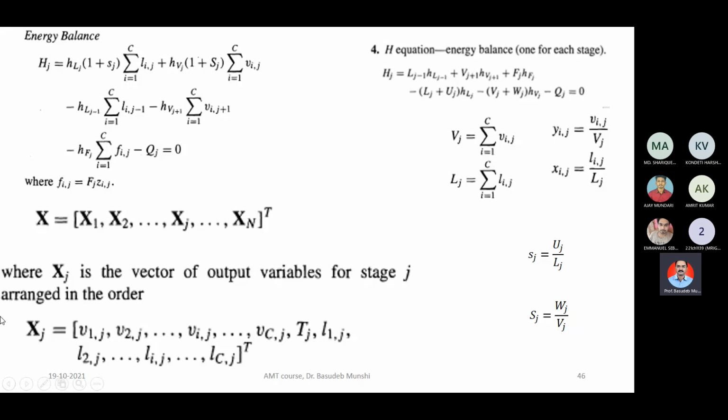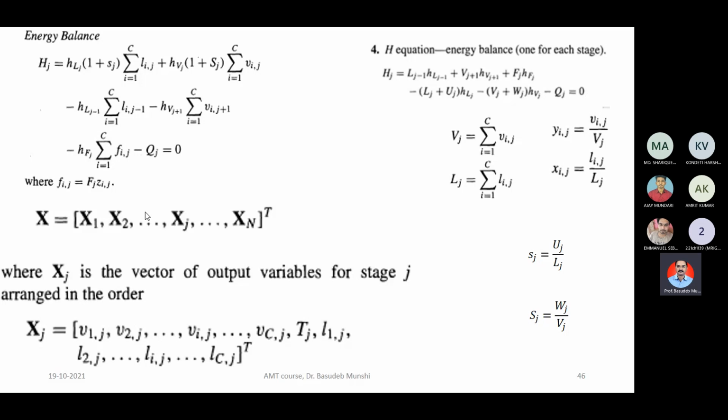Here the variables are presented in vector form: xj equals [v1j to vcj, Tj, l1j to lcj] transpose. For n number of stages we have n number of vectors x. For stage 1 it is x1, for stage 2 it is x2, for stage n it is xn.